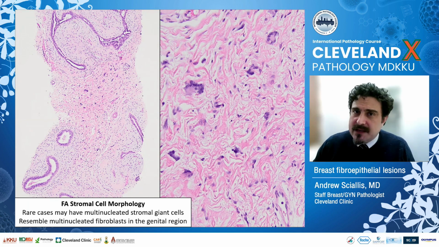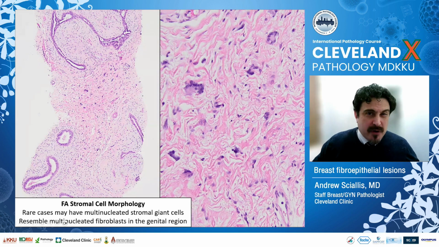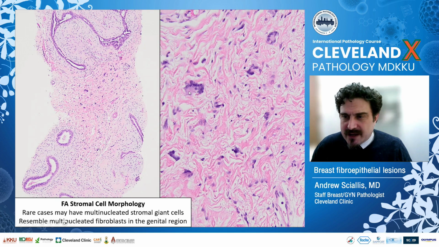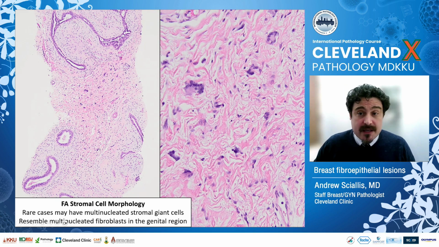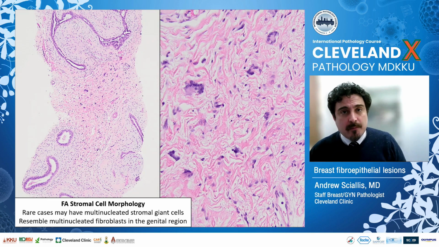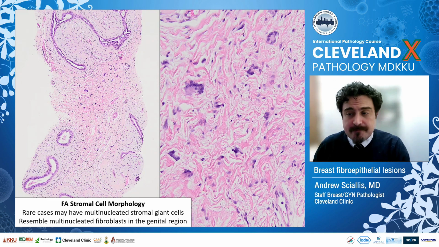But there really shouldn't be any cytologic atypia to the individual nucleus, meaning nothing that looks pleomorphic. We shouldn't be seeing mitotic figures. In general, they look like a multinucleated giant cell, only in this case, it happens to be within the stroma. And there's no clinical significance to this. It's just a normal variant of a fibroadenoma.